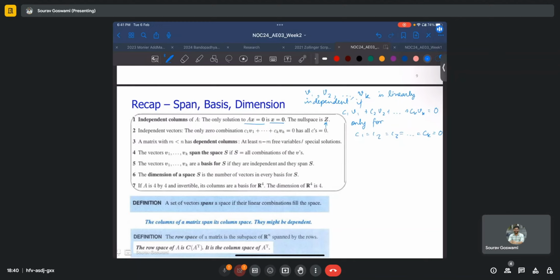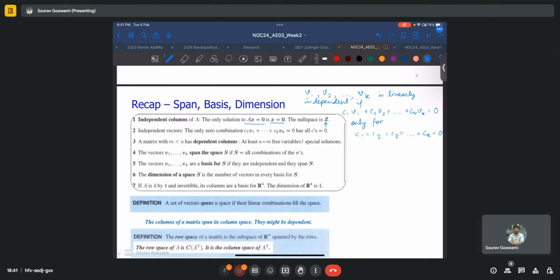So the linear combination of these vectors will yield 0 only when all the coefficients are individually and simultaneously 0. In all other situations, the linear combination will not be 0. And should a set of vectors satisfy this property, then they will be called linearly independent.